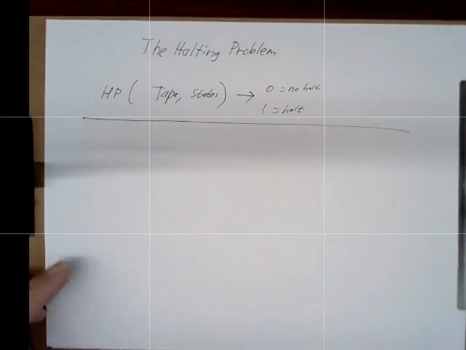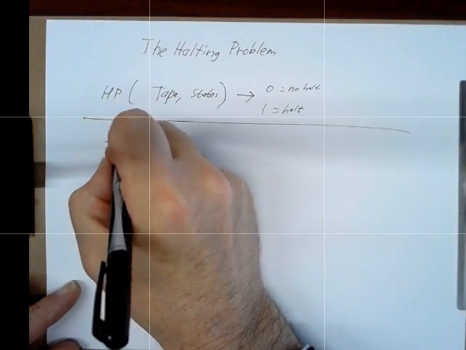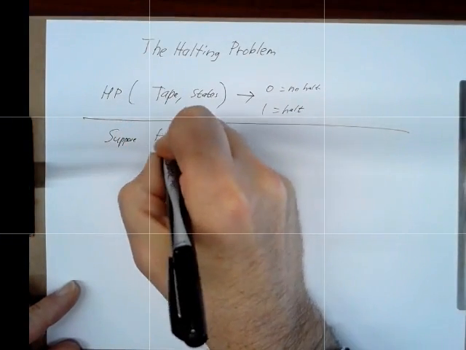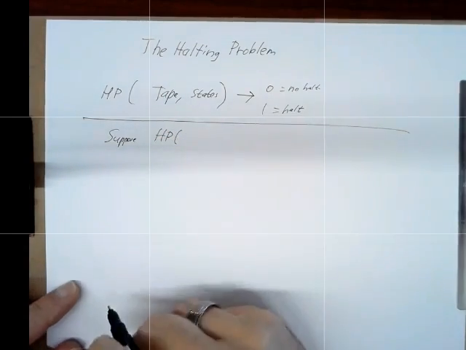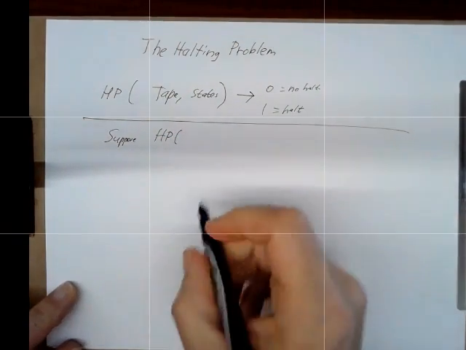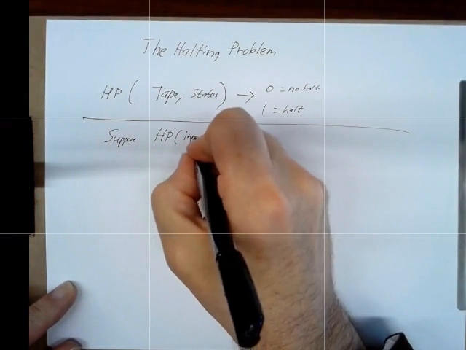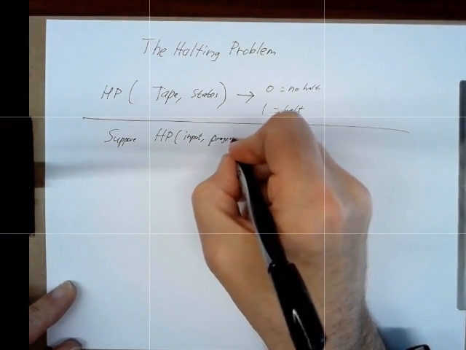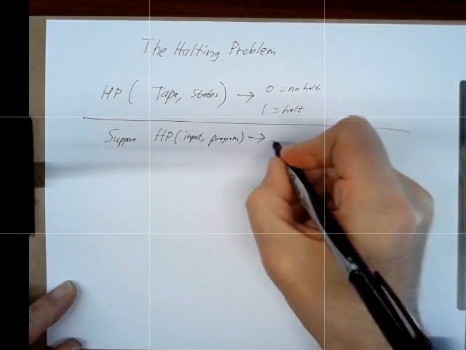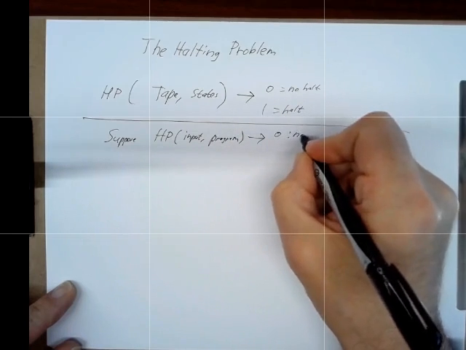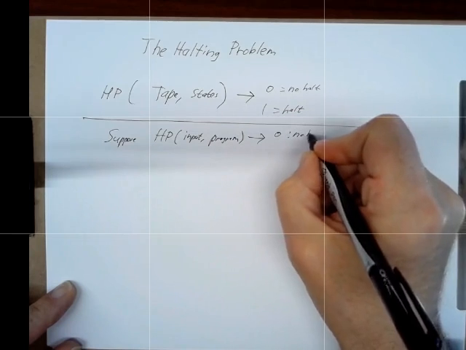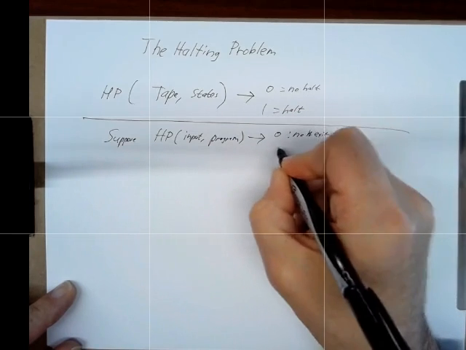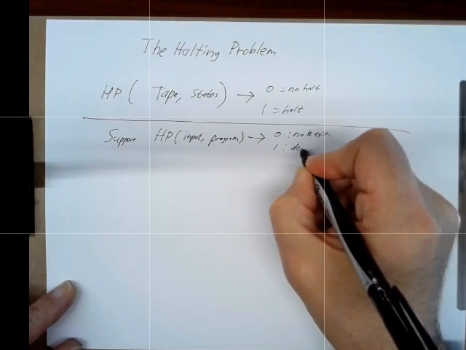So suppose HP is a function, and HP of some input and some program returns 0 if the program's not going to exit, and 1 if it does exit.